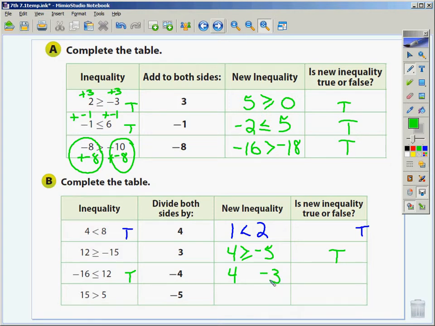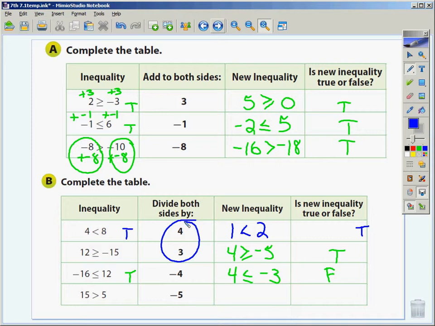This would say 4 is less than or equal to a negative 3. Is that true or false? False. That's not true anymore, is it? No. So notice, when I divided by positives in either case, it was true, but when I divide by a negative, it came up as what? False.